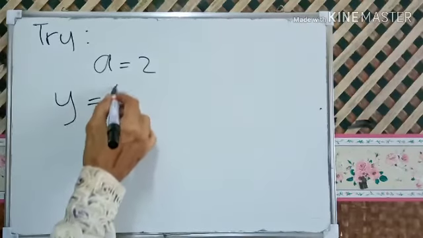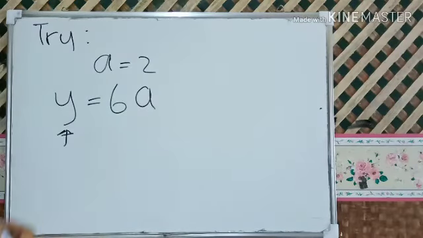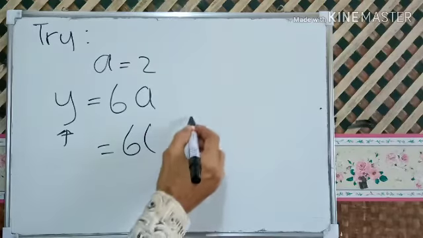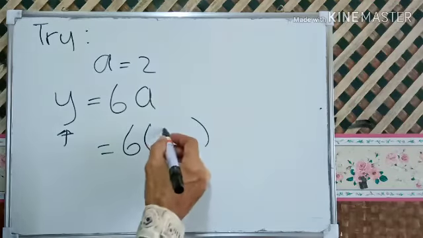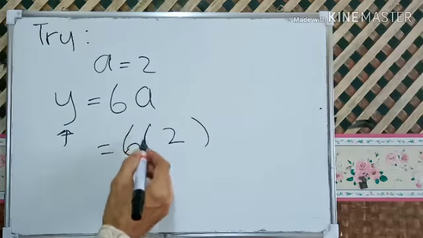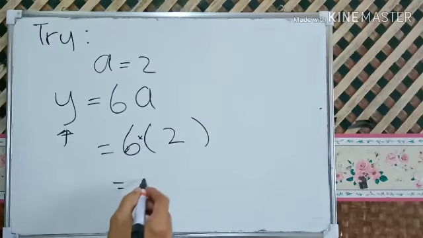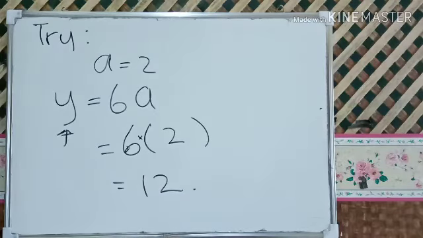So what is the value for y? Same as before, 6 and a bracket. What is in the bracket? 2. What will we do next? We multiply 6 with 2 and we get 12.